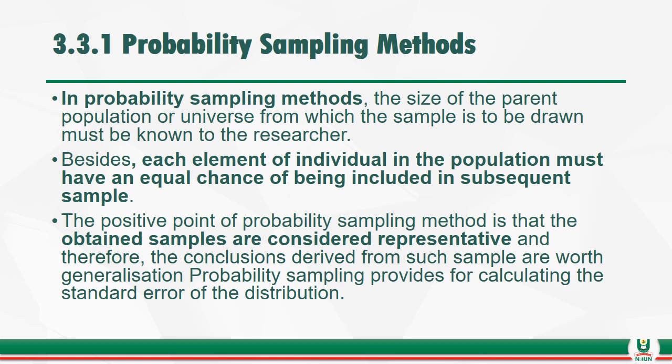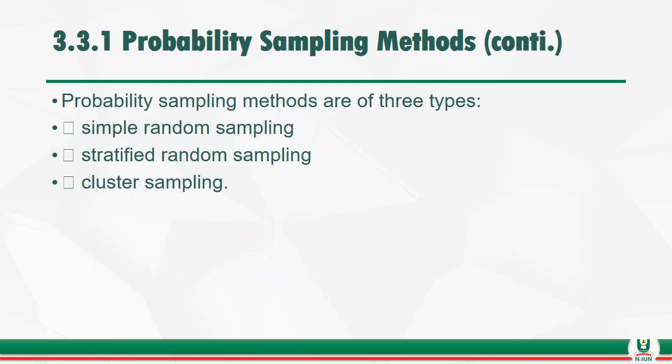The positive point of probability sampling is that the obtained samples are considered representative, and therefore the conclusions derived from such samples allow generalization. Probability sampling also provides for calculating the standard error of the distribution.